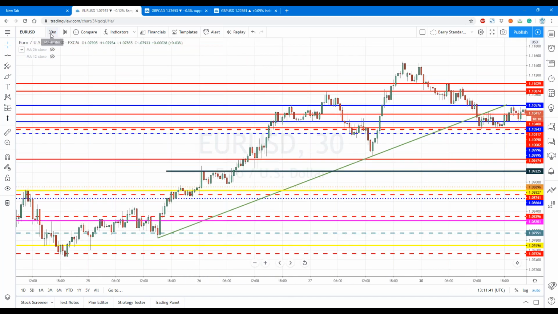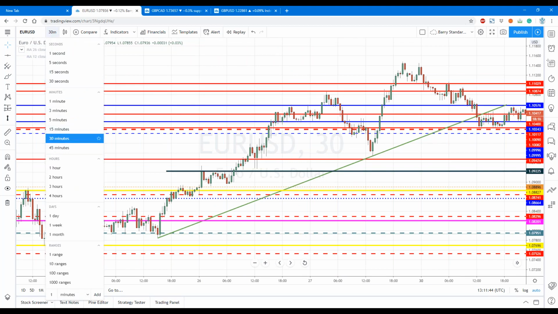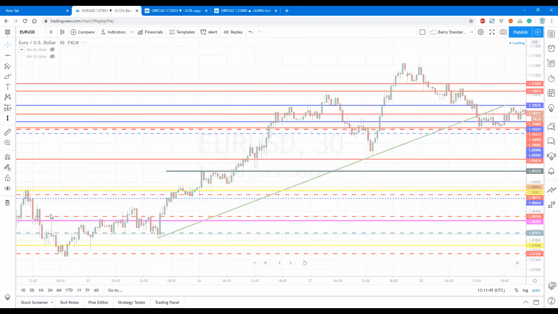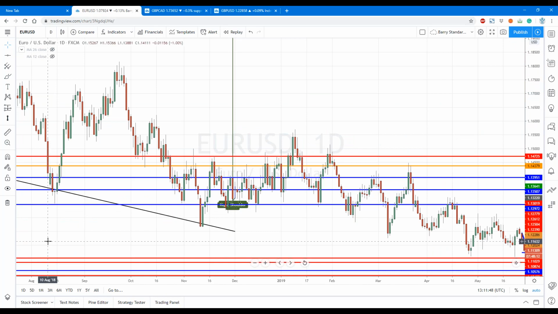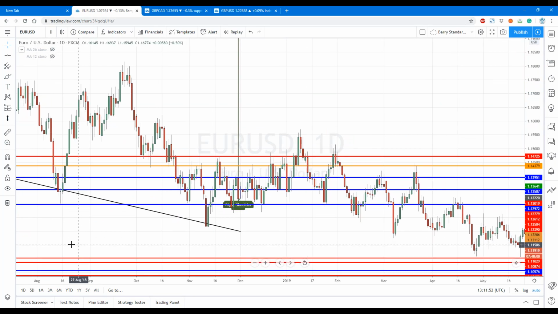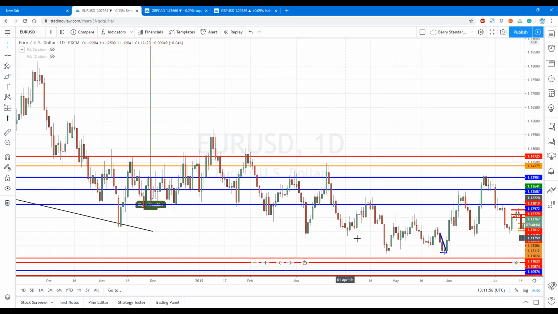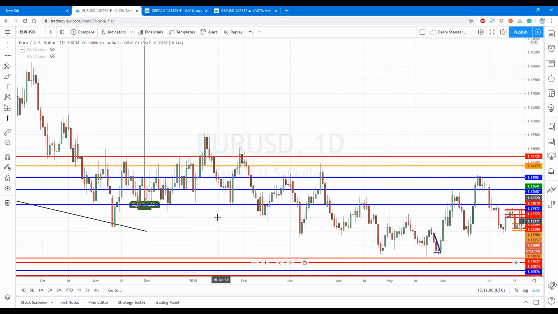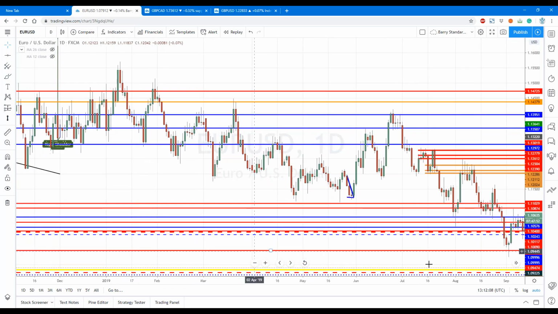Another way we can secure these is by taking a longer term chart. If we look at, say, a 1-day chart, and we look for when the euro was last trading in this range, we can go back pretty far and see what was important. So look at this price level here, back a year ago, April 30th, 2019. We had a strategic price of 111, but we need to get lower because the euro is trading all the way down here.